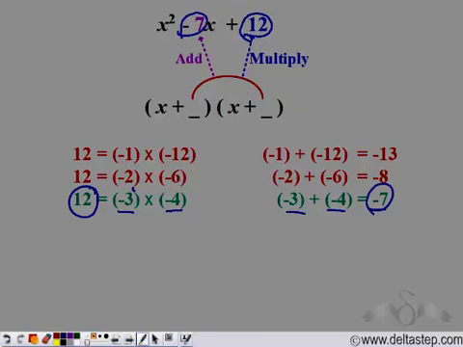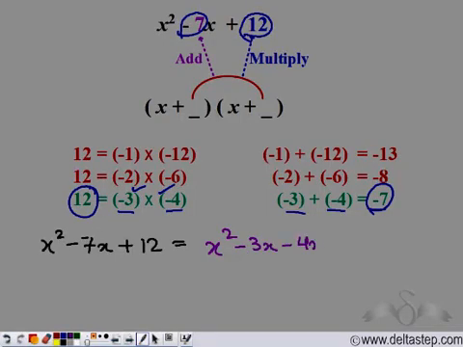So we have got our numbers as negative 3 and negative 4. These are the two required numbers. Now x square minus 7x plus 12 can be written with minus 7x equal to minus 3x minus 4x, and plus 12.